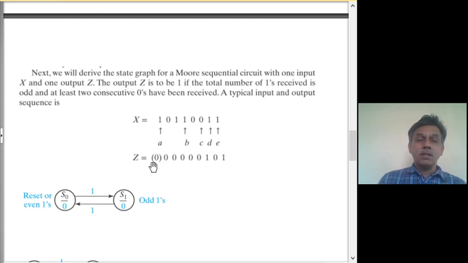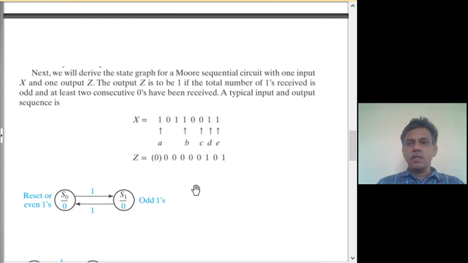So, that means we have to keep on generating many states, each state representing one possible integer in the set of all integers. But a little thinking will tell you that this is not required. We have to only distinguish between odd and even cases. So, a count is not required.